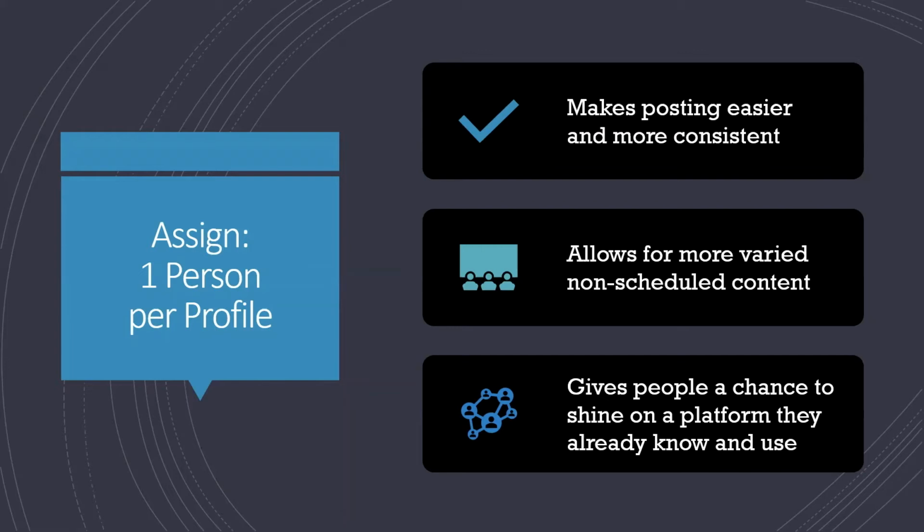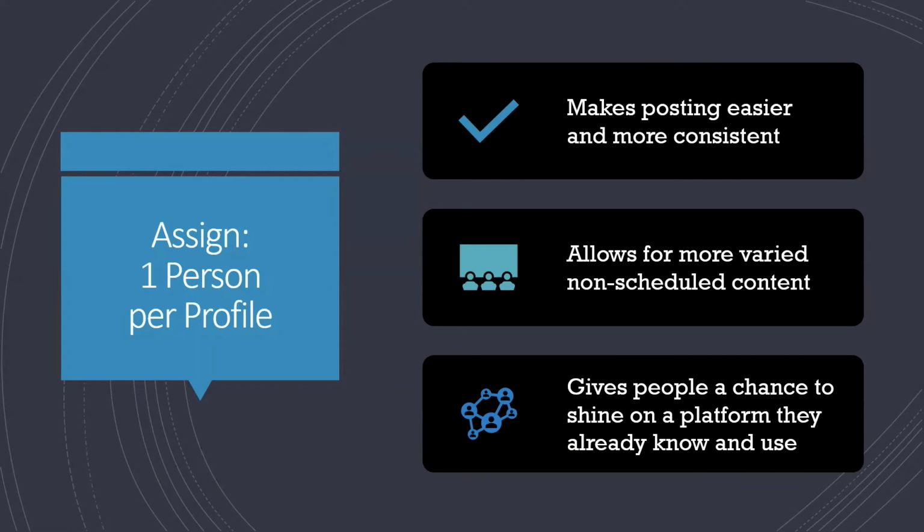And also, this gives people a chance to shine on platforms they already know how to use. Don't assign somebody to Twitter who has no idea how Twitter works and who doesn't even like it. Find their comfortable spot and what they're interested in, and then let them go from there.